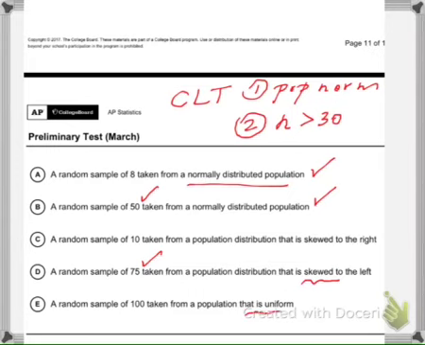Also, E, troubling population shape, but we're okay with our large sample size. So the only one that doesn't fit is N is too small and the population not normal.